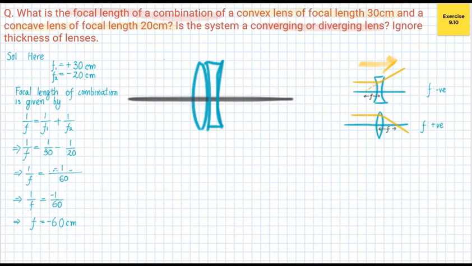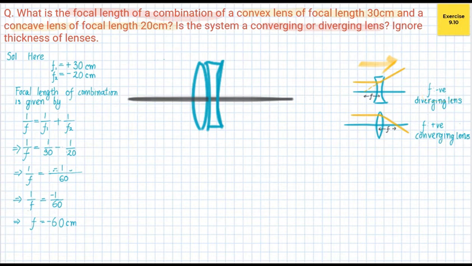So I'll just write down here diverging lens so that you don't get confused later. And if the focal length is positive, then in that case you have a converging lens. Since your focal length is negative, you have a diverging lens.